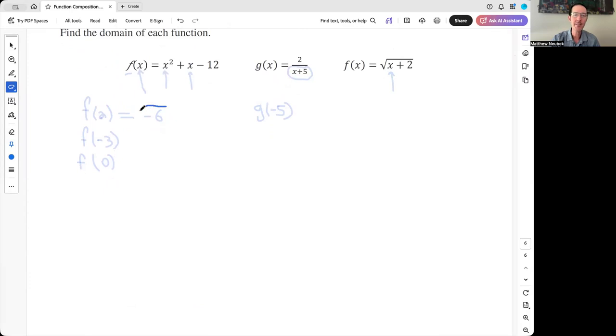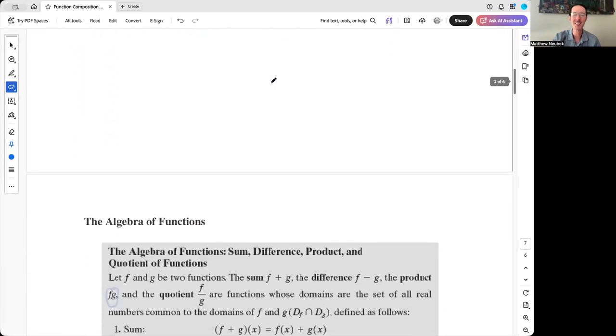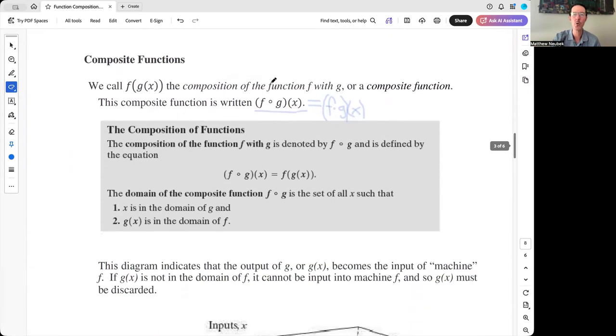Could I take this -6 and move it over here and plug it into this function? Yeah, I could do that. I could take the -6 as an output value and turn it into an input value going into some other function. That's a possibility. And in fact, that's exactly what's happening when we work with composite functions.